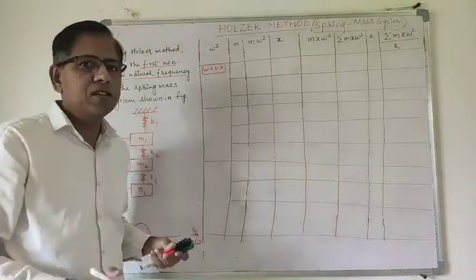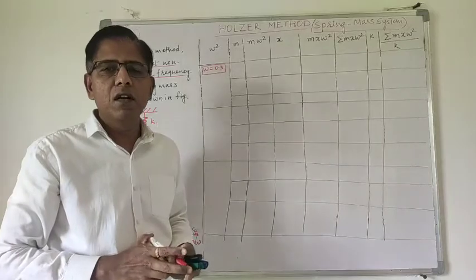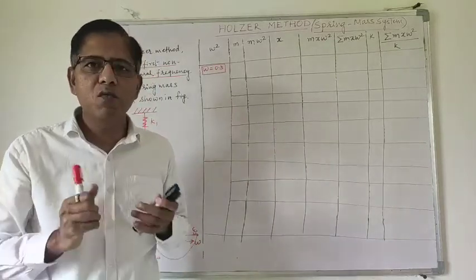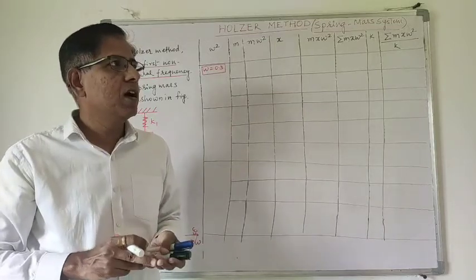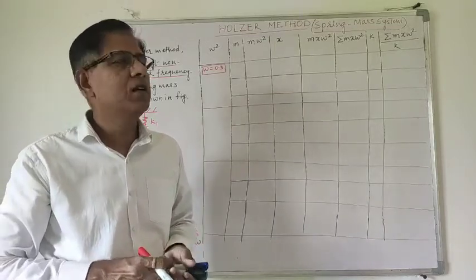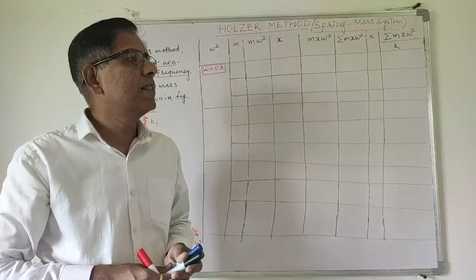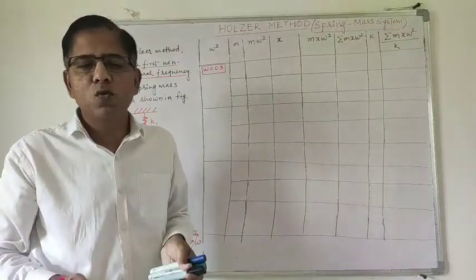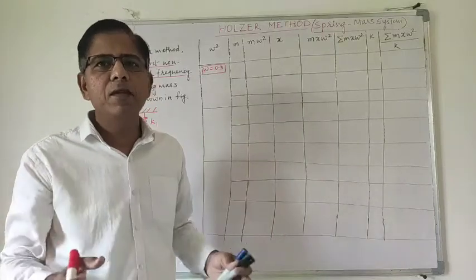This is our wild assumption. There is no scientific basis for selecting the value of omega. This is a very trial and error kind of method, and there is no scientific logic behind selecting these values. So it is like shooting an arrow in the dark.